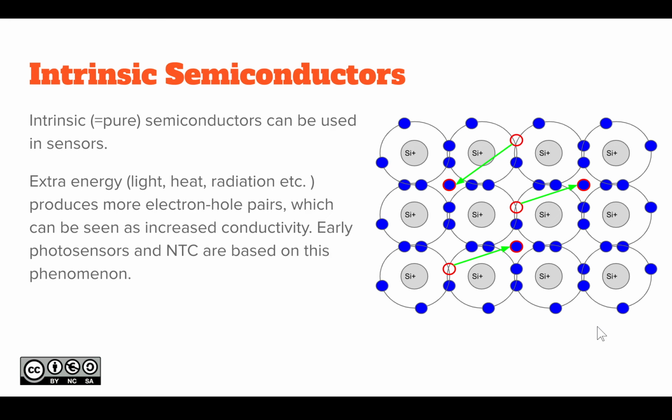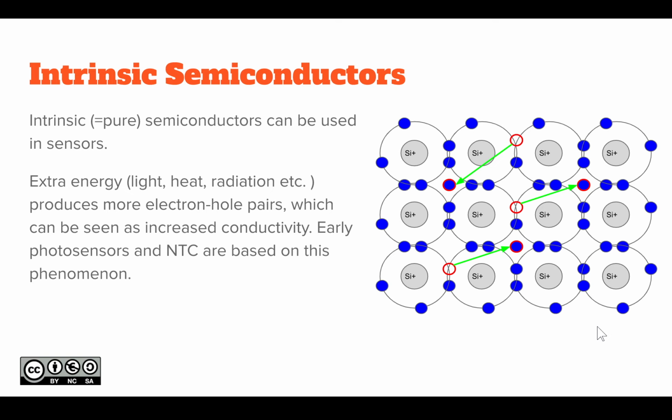If you have seen NTCs, they are usually encapsulated inside a copper layer, which prevents light going into that material, because if you let the light be absorbed in this one, then you actually have a photosensor. So the conductivity of this material changes by any extra energy that comes in.